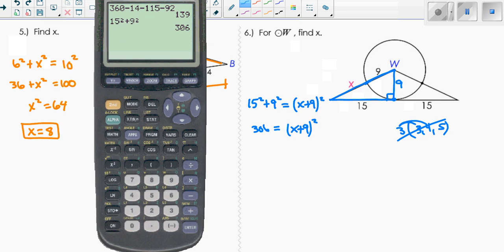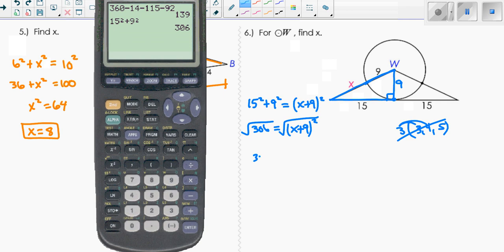All right, so you have two choices here. You can expand x plus 9, multiply it out, you'll get a quadratic, subtract 306, which is a big number, and then factor. But you can only factor if it ends up being a nice number. Or it's easier just to undo squaring and square root.